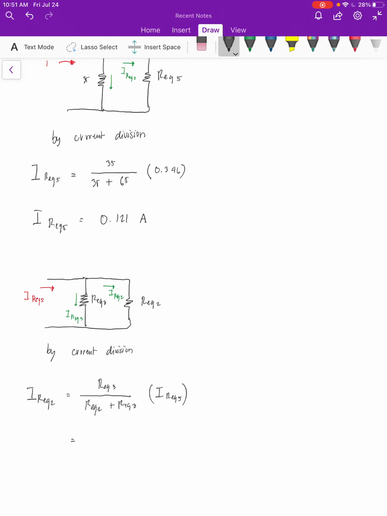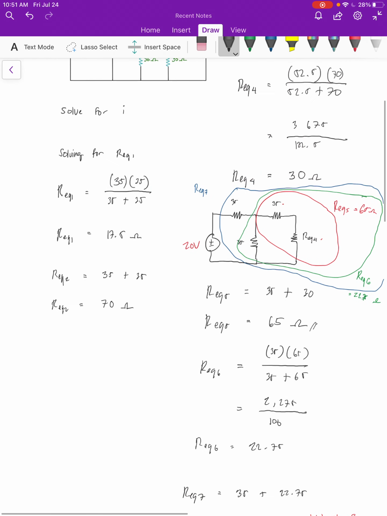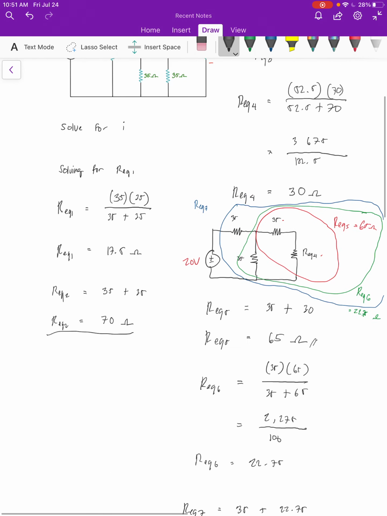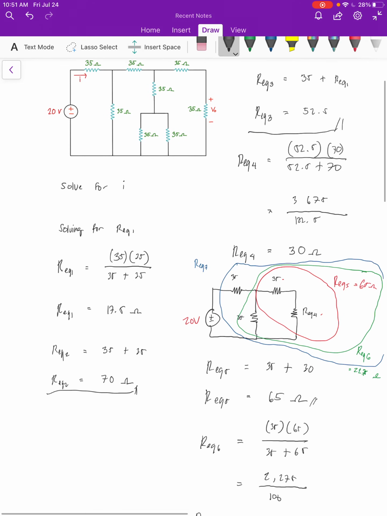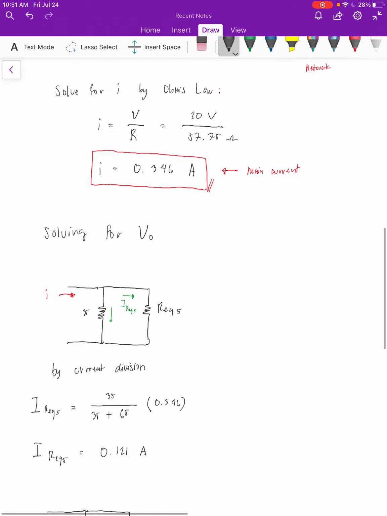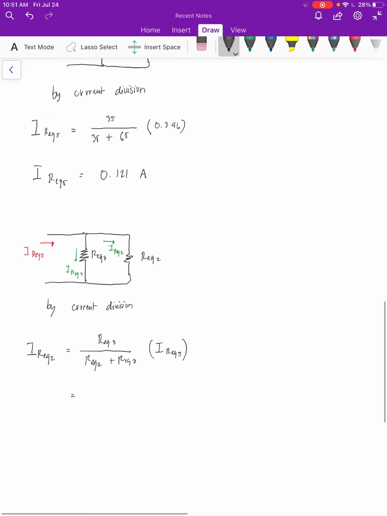Replacing this with values, recalling from this solution right here we have Req2, and right here we have Req3. So Req3 is 52.5. We write 52.5 divided by 70 plus 52.5, times 0.121.